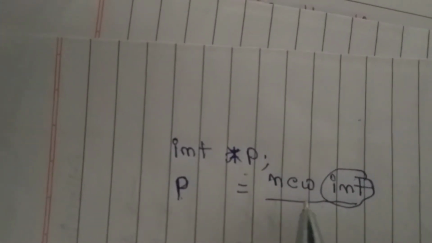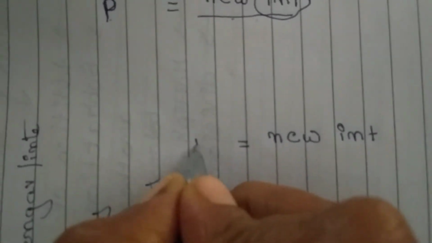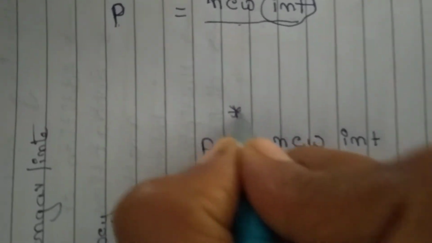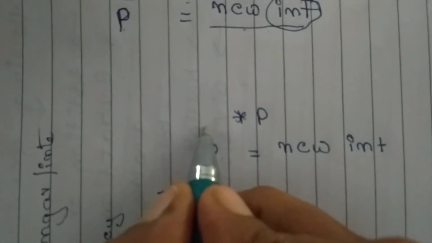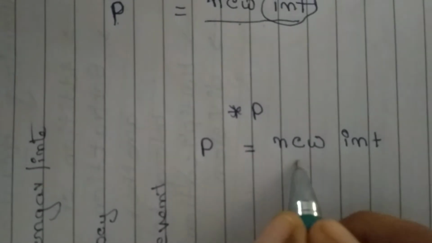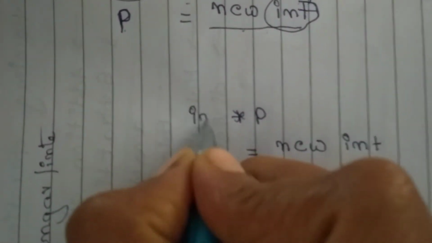If the new memory location is integer, this pointer variable, which will contain the address of the newly created memory, also should be integer. Once again I am telling, new means allocate memory. Immediately we will tell how much amount of memory I need. That memory location address we will store in p. What is p? It is a pointer variable. What data type we should write? Here, new which data type? That data type only we should write.